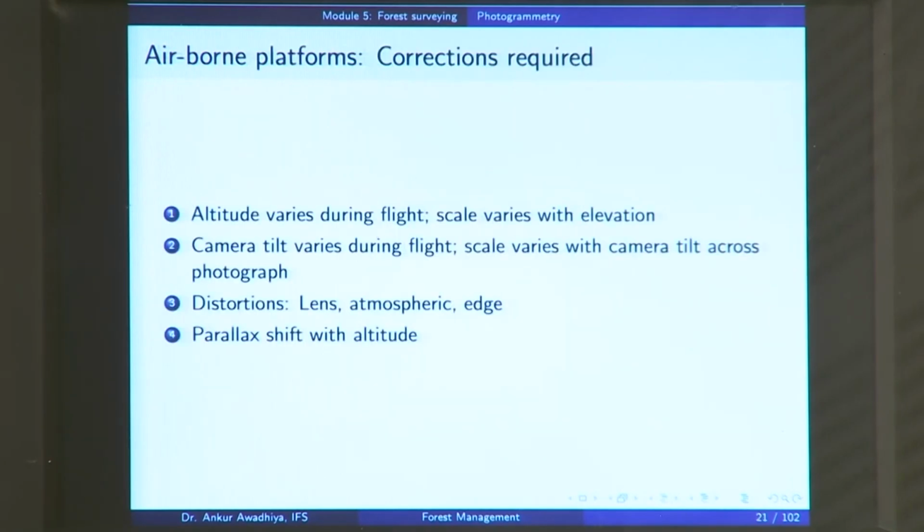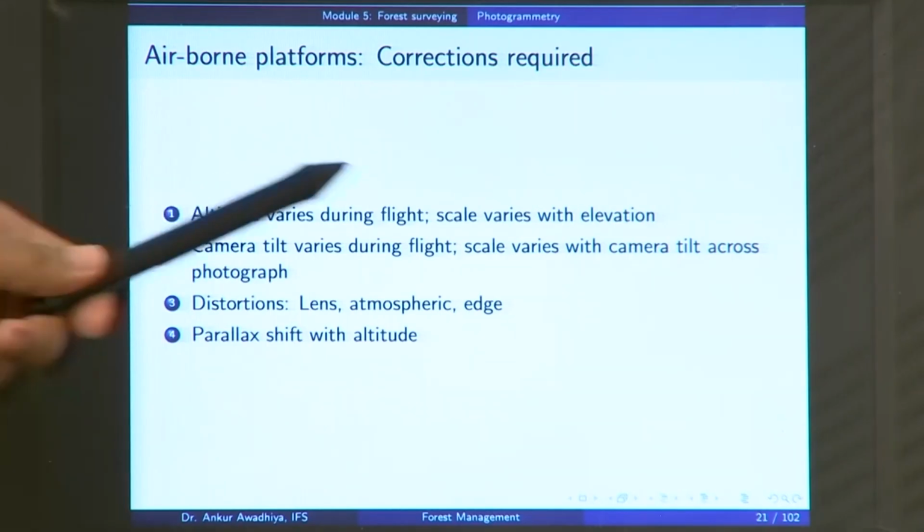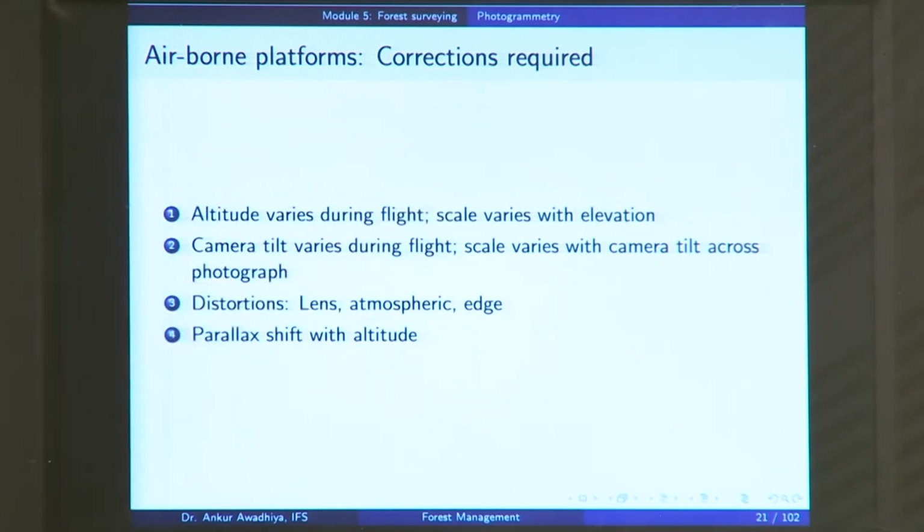When you are making use of airborne platforms, you need to perform certain corrections to the image. If the altitude is varying during the flight, then the scale is varying with the elevation, because if you are looking at things from a greater distance, then they appear smaller in size. So, the scale is different as compared to when you are looking at the objects from a closer distance.